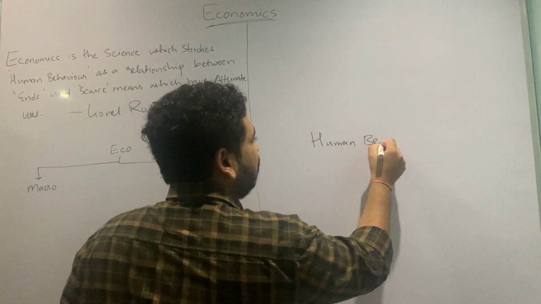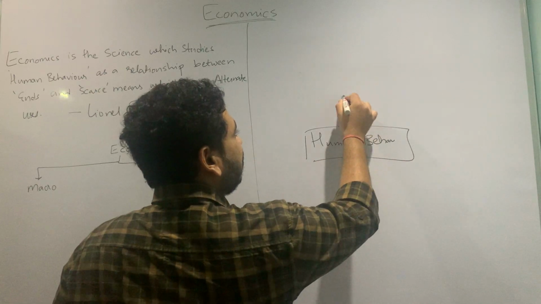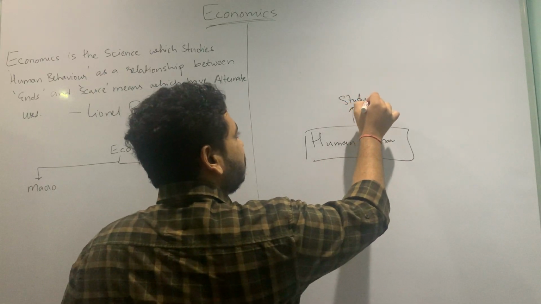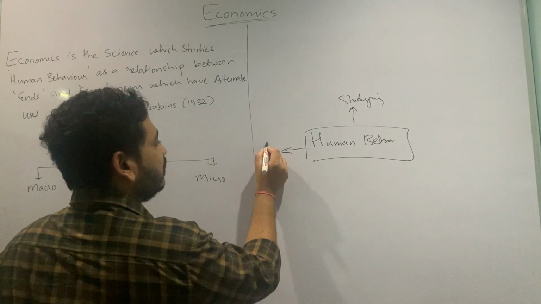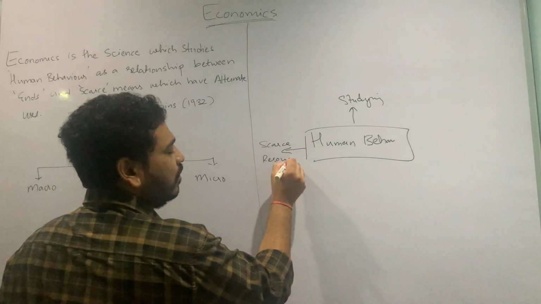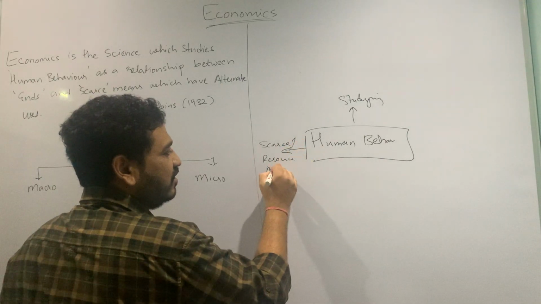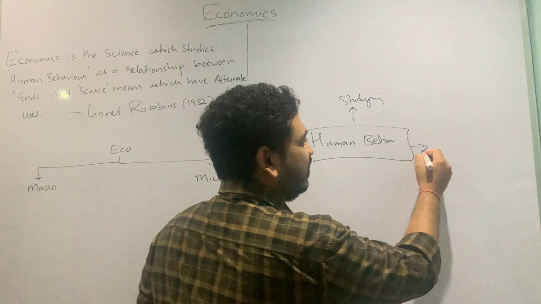One is human behavior. What is economics doing? Economics is studying human behavior given scarce resources or means, whatever you call it, to meet different ends.